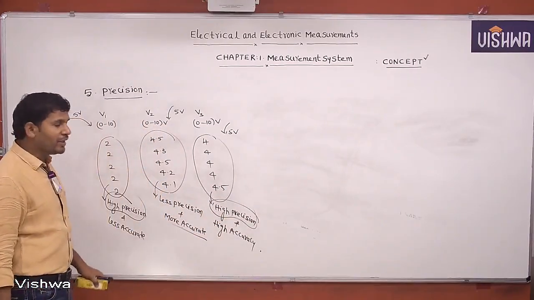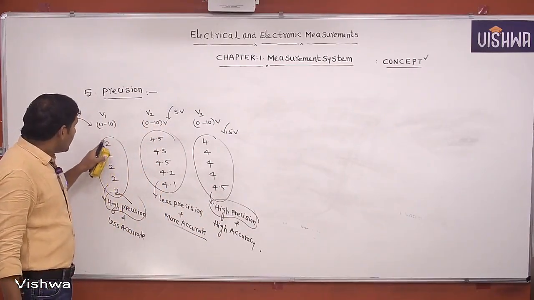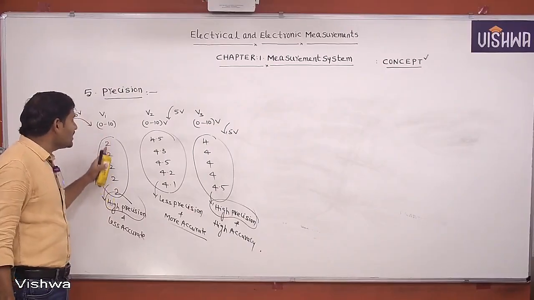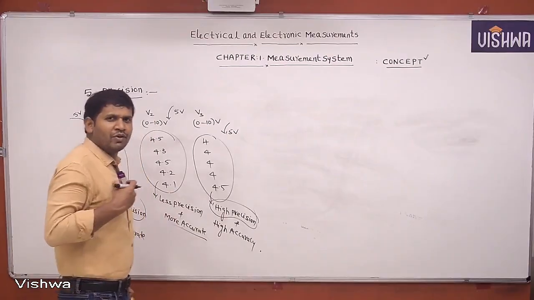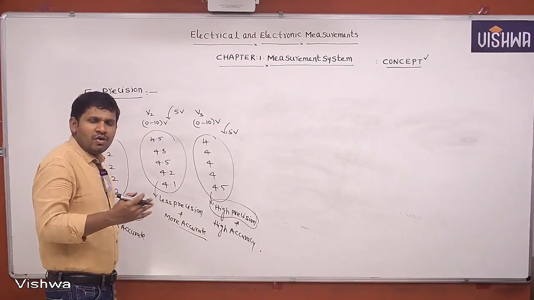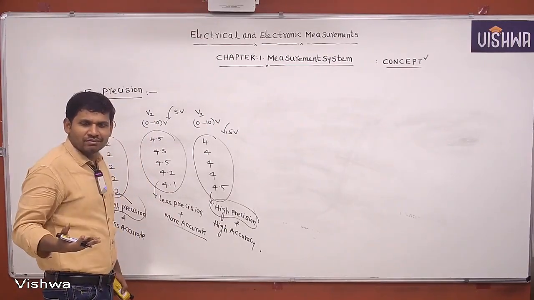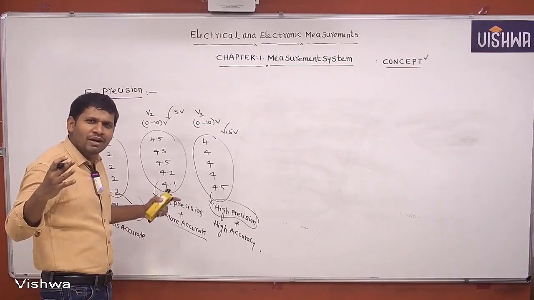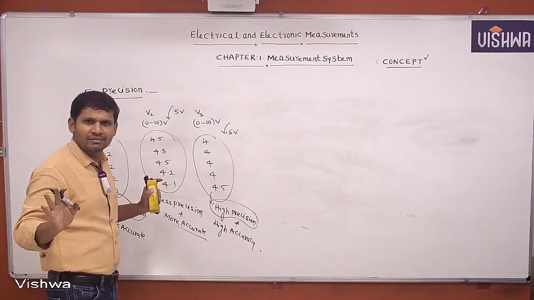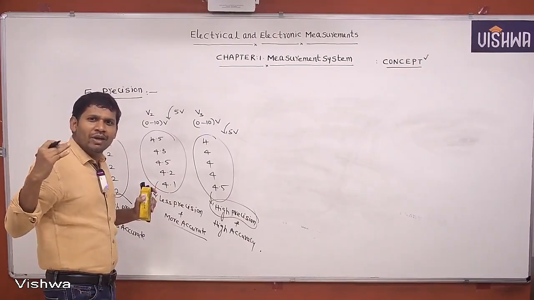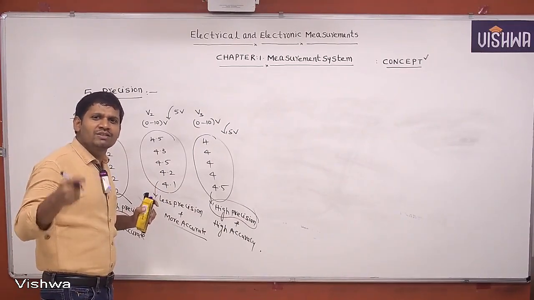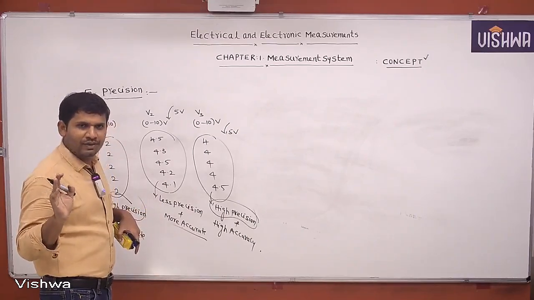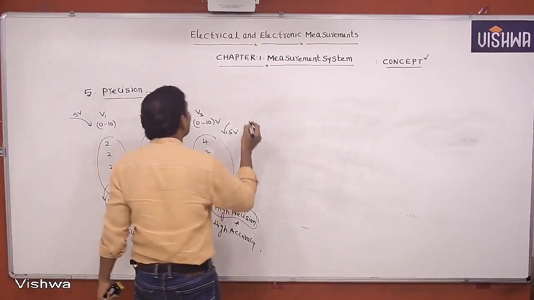Precision means reproducibility or consistency in the measurement for the same value of input. I am giving 5 volts input 5 times, and 5 times I am getting the same reading. It may be the true value or it may not be a true value, that is not the matter. Whatever reading we get for the same value of input, if it is repeated, then we say that is the precision.